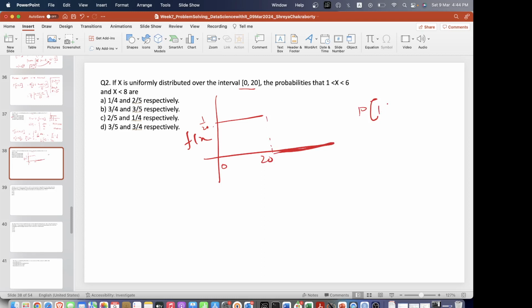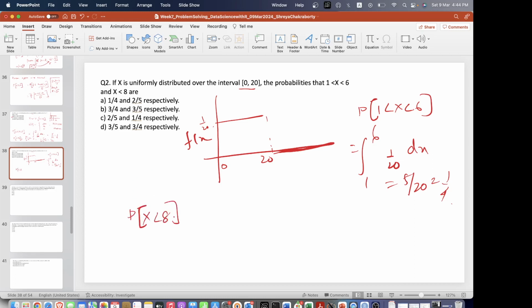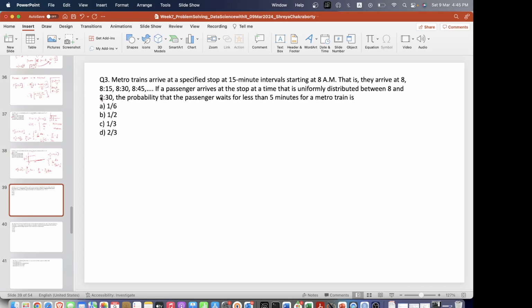So probability 1 less than x less than 6 is the integral from 1 to 6 of 1 by 20 dx, which is 5 by 20, that is 1 by 4. And probability x less than 8 is the integral from 0 to 8 of 1 by 20 dx, which is 8 by 20, that is 2 by 5. So this is the answer. Alright, moving on.